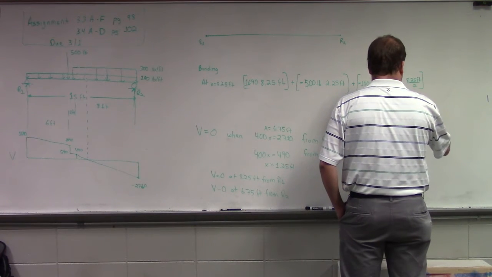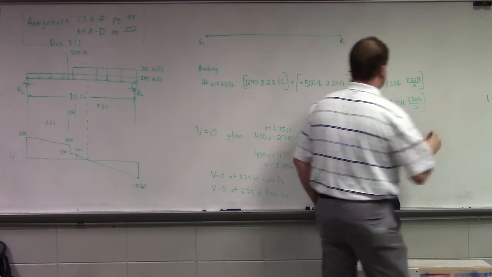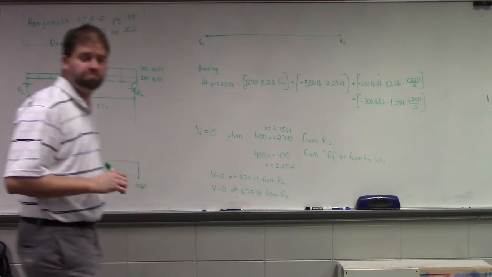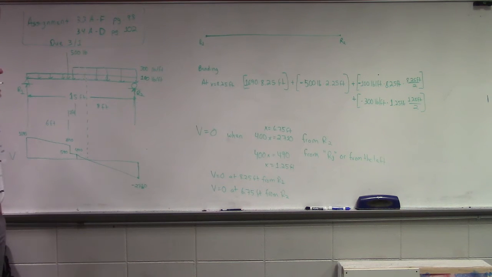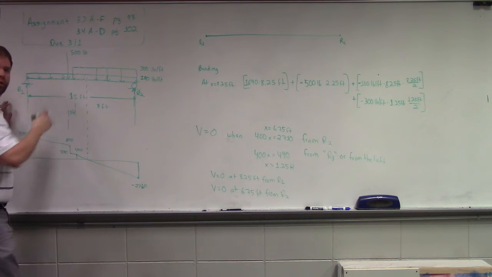Oh, we're just doing it left of that point. Because we're just doing that little portion of the 300 left of where we're analyzing. Just doing the portion of it that's left of where we're analyzing.